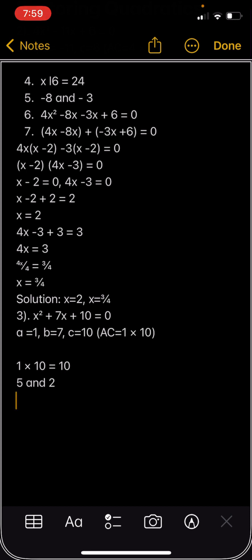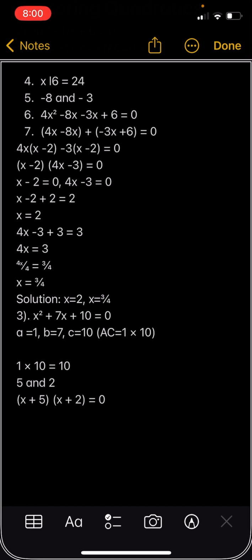It is done like this. Notice x plus 5, x plus 2. We skipped about 3 steps there.